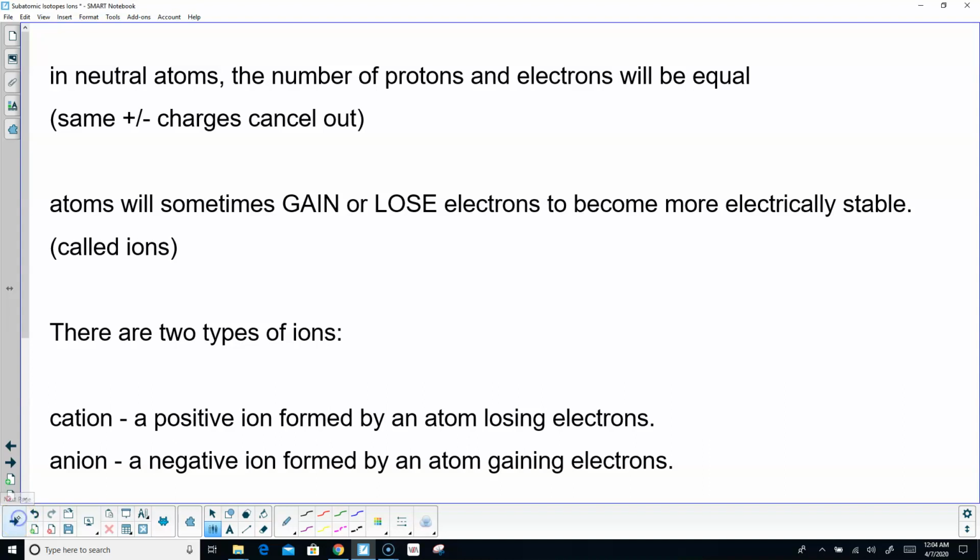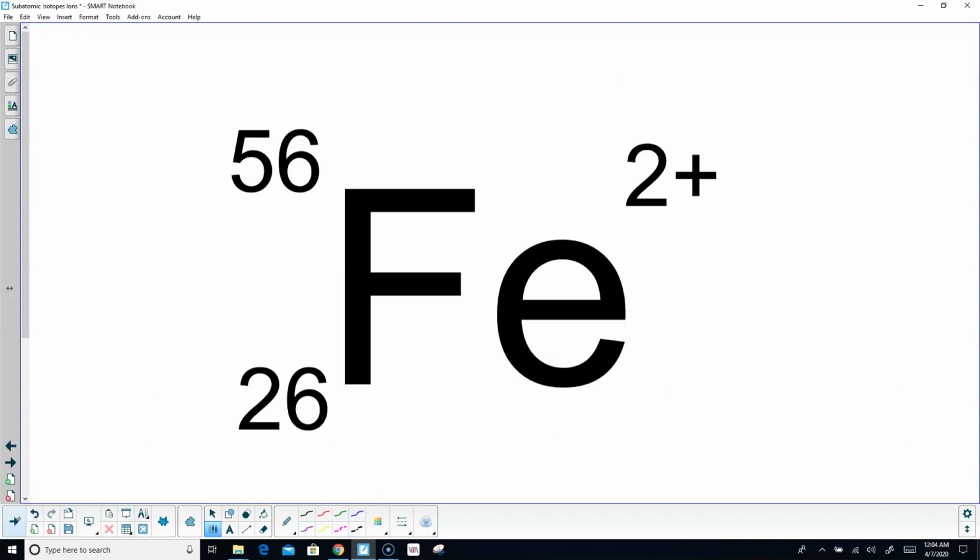Okay, the next thing I want to do is run you through an example. In this case, you'll notice here we have a symbol, Fe. That's going to be iron. As you recall, this number up here is the atomic mass for this particular isotope. This is the atomic number, written down here.